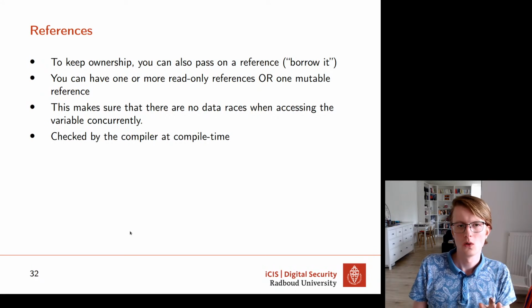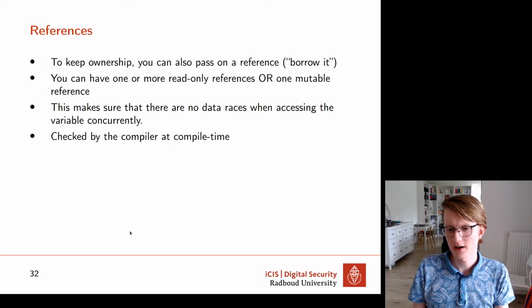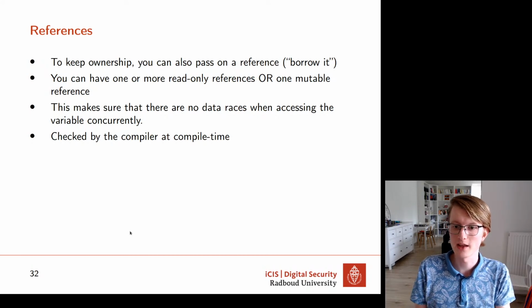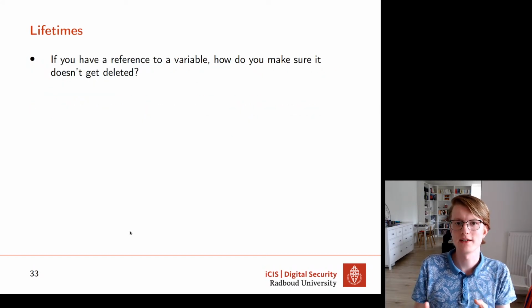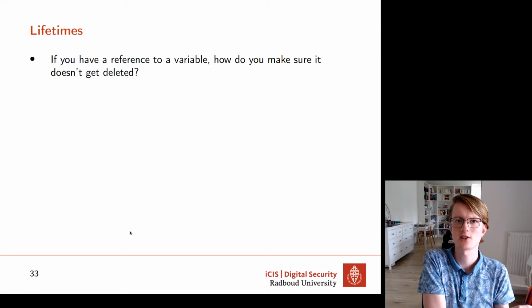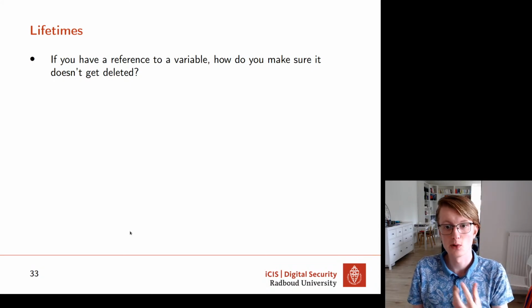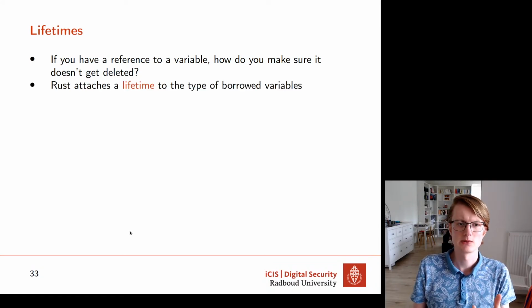So there are some more tricks though that you need, namely that if you've borrowed something, how do you make sure that it's not being deleted by its owner? Well, the solution there is that the type system is made even more advanced, and what Rust does there is it attaches a lifetime to the type of a borrowed variable.